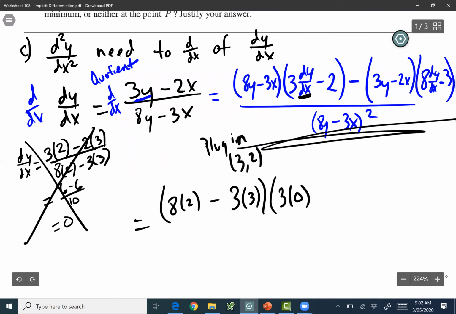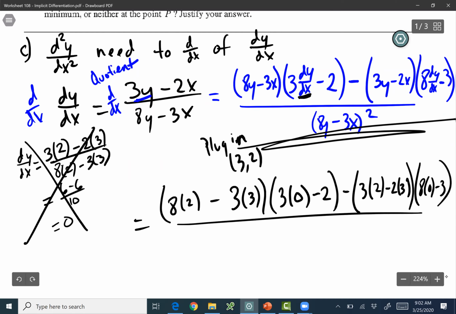So 3 times 0 minus 2, and minus 3 times 2 minus 2 times 3, times 8 times 0 minus 3 all over 8 times 2 minus 3 times 3 all squared.